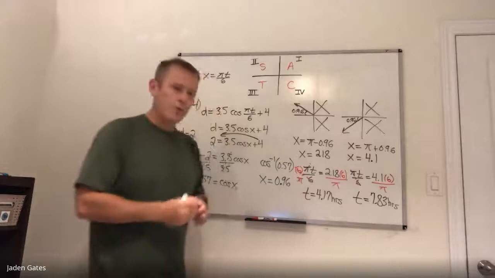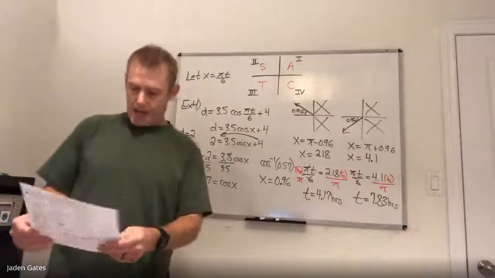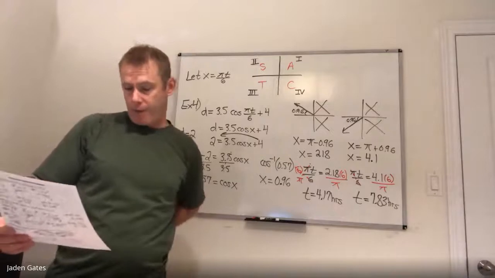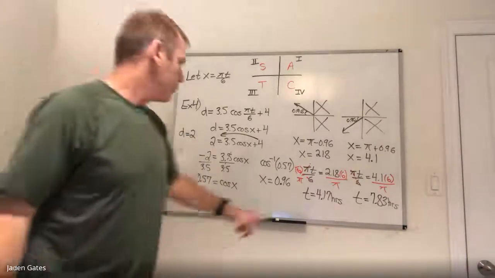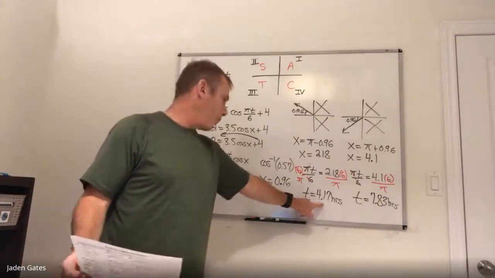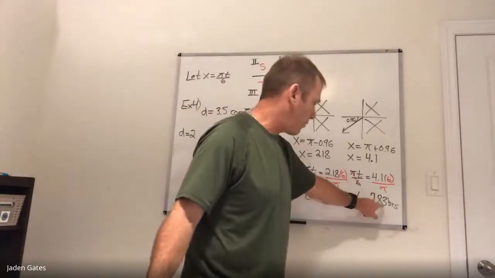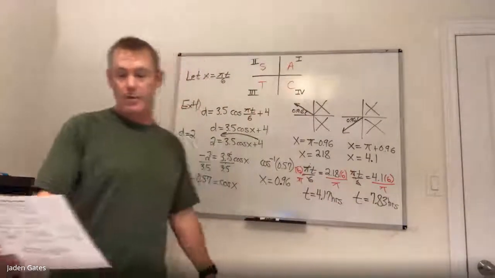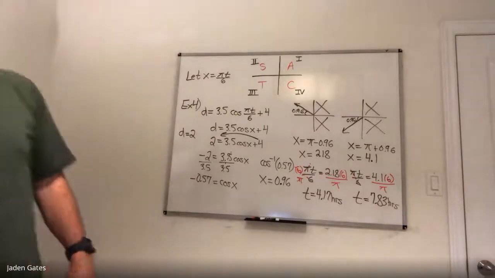So the answer to this revised question, when is the water level at a height of 2 meters, is 4.17 hours after midnight, and also 7.83 hours after midnight.